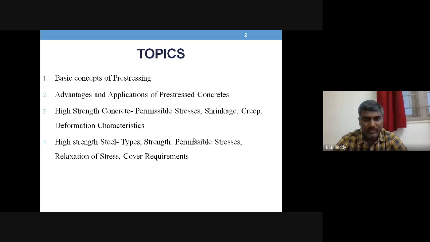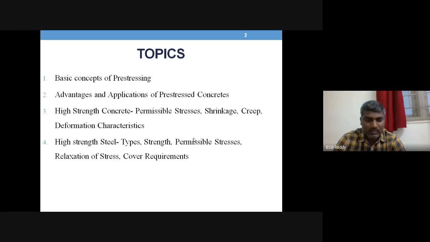So coming to the topics of Unit 1, we have talked about the basic concepts in pre-stressing. What exactly is pre-stressing? Then your syllabus consists of advantages and applications of prestressed concrete, and then high strength concrete, to talk about permissible stresses and shrinkage, creep, and deformation characteristics of the high strength concrete.